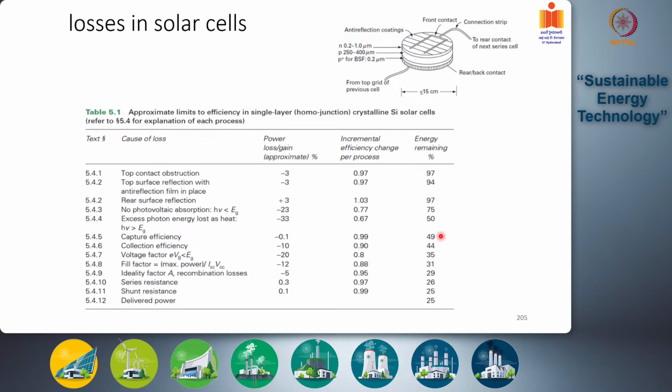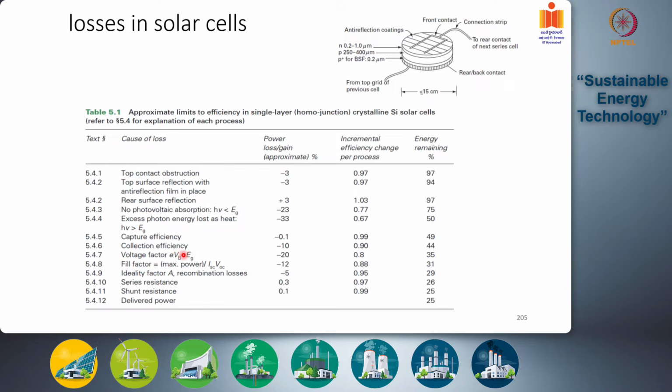Of the photons that do have enough energy to promote electrons, how many are actually being captured by the electrons to have this promotion. Around 99% of all photons that do have sufficient energy excite electrons and get captured, which get promoted into the conduction band. So the capture efficiency is around 99%. So this is around 49%, 49.5. So we are not giving the decimal places.